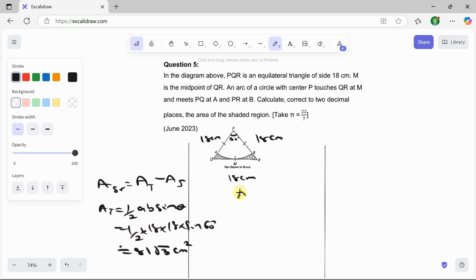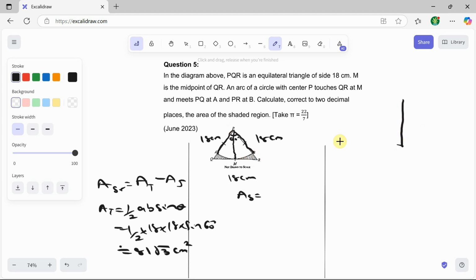What of the area of the sector? We know that the angle between them is 60 degrees, but the r, the radius, is not this entire length. So we need to find that portion. But here is something interesting. From here to here will be the radius, and that will be the same distance as here to here, and the same distance as here to here. So look at this, this is the big triangle, right?